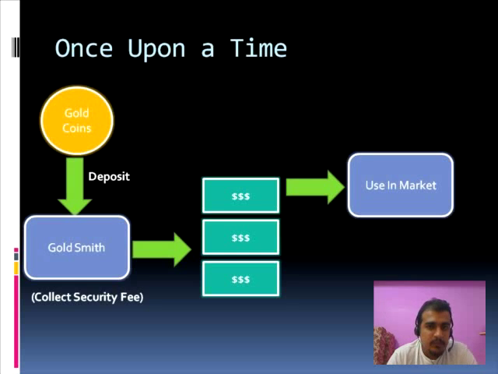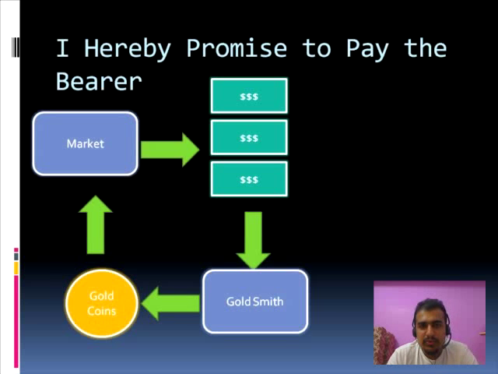The system which the goldsmith started centuries back is still there today. You are able to see the trace roots of these practices even in modern times. I'll tell you how in a minute. Now, the person who you transacted with in the market, he could go about taking these paper notes, give it back to the goldsmith, and in turn collect gold coins. Now, if you look at a currency note, I have a 1,000 rupee note here.